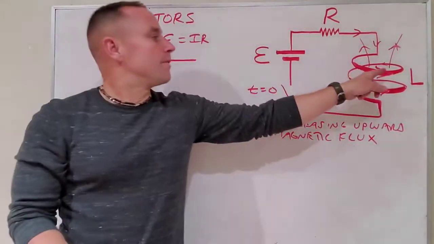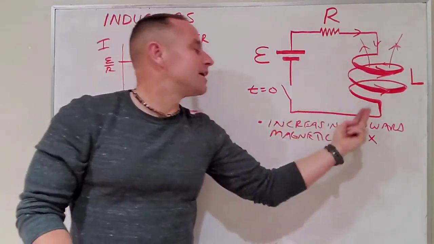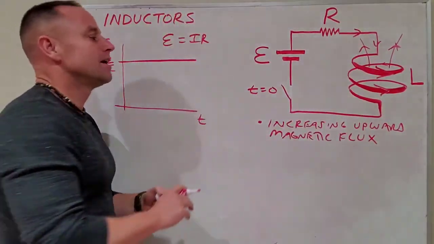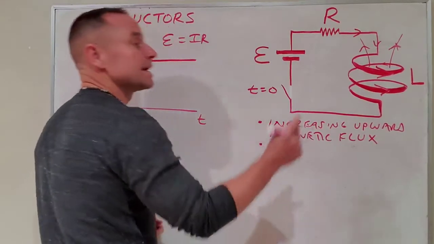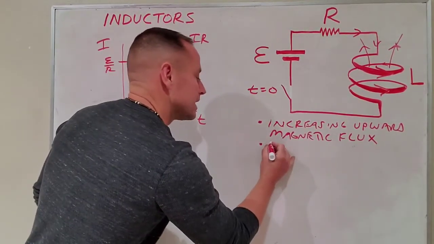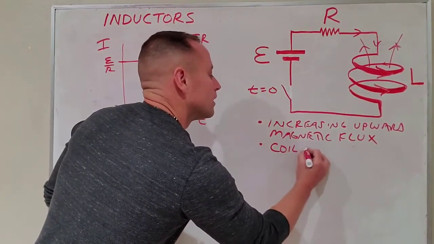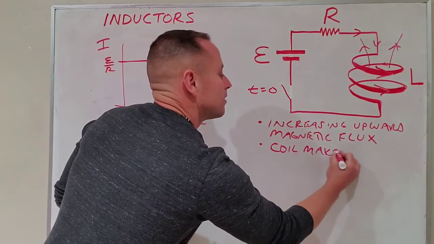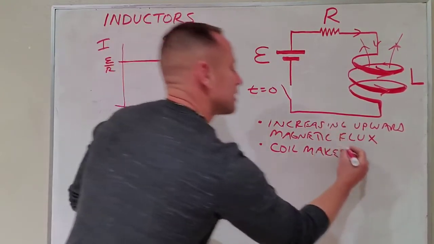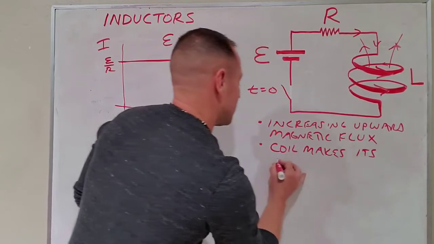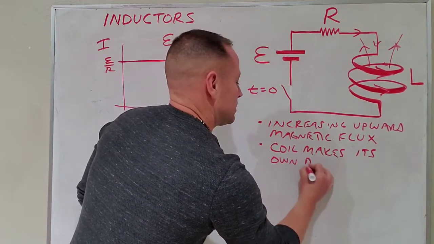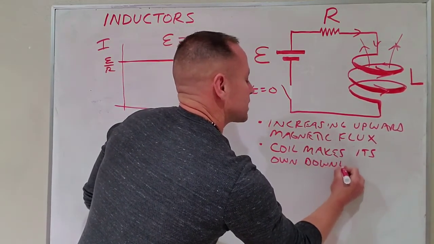Well, the device itself, since you have an increasing upward flux through the conductor, will try to make its own downward flux to compensate. So the coil makes its own downward flux, or it tries to anyway.